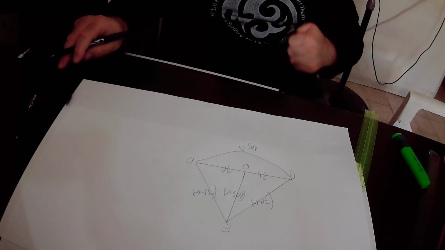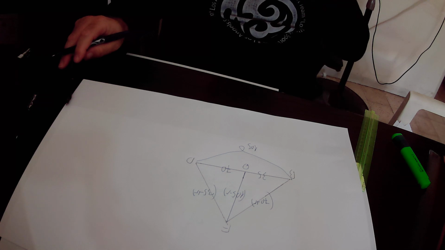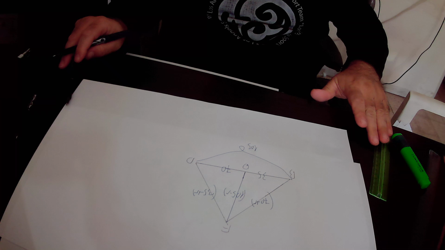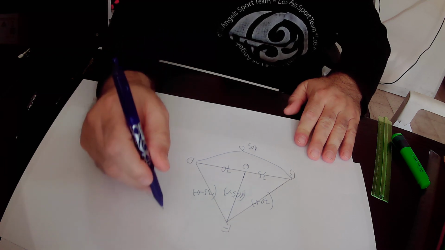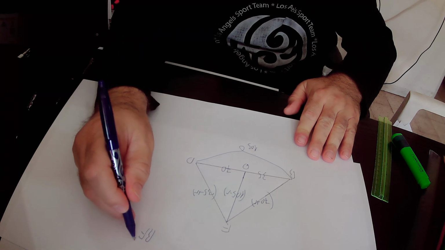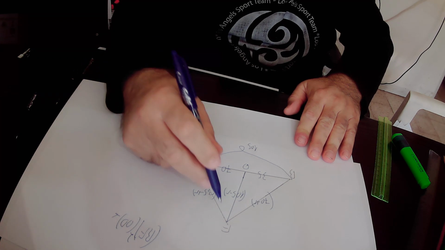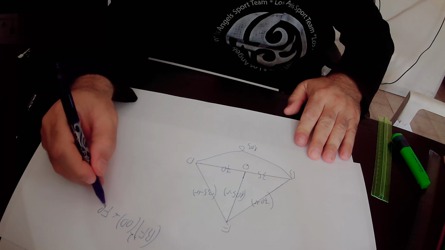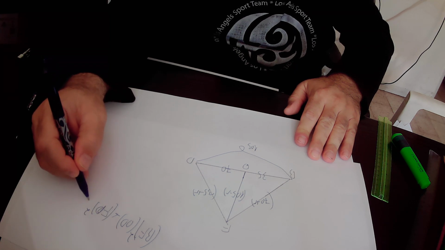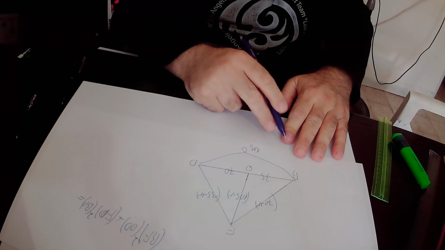Here we will implement Stewart's theorem on this triangle, triangle FBD. According to Stewart's theorem, BF squared times OD plus FD squared times BO equals BD.